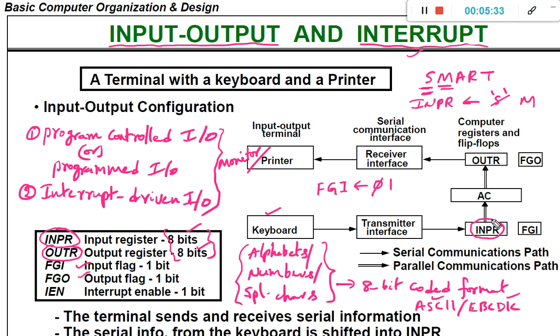Now whenever the FGI flag is set to 1, even if you type anything on the keyboard, that will not be transmitted through the transmitter interface. It will not take, because the content of the INPR is not yet moved to the accumulator register.